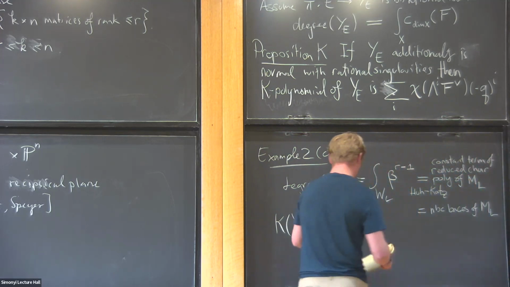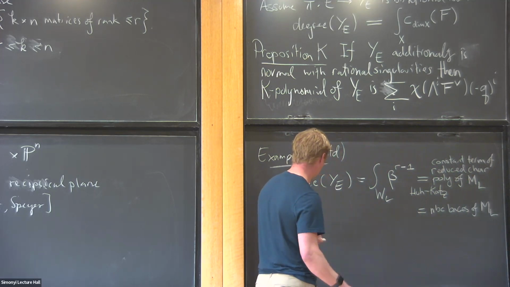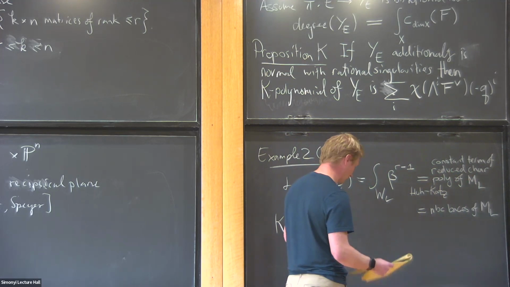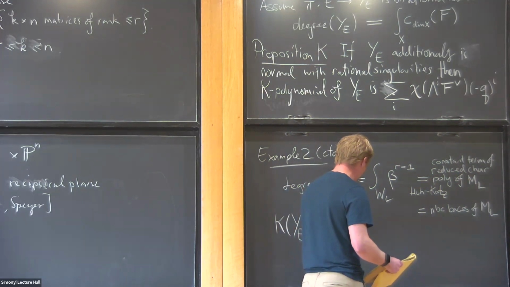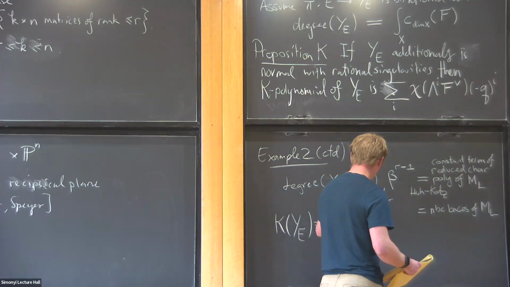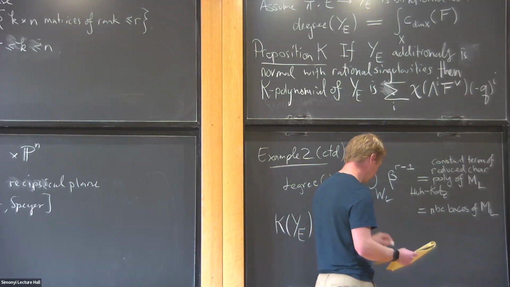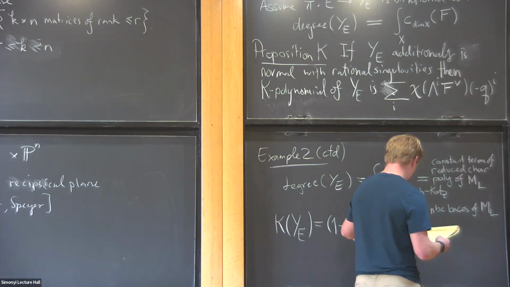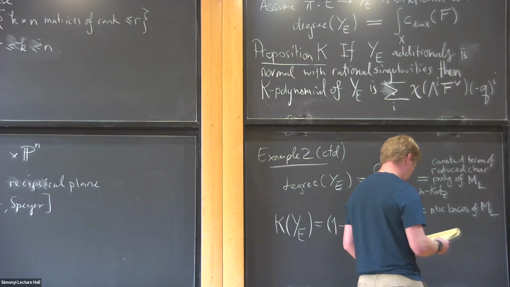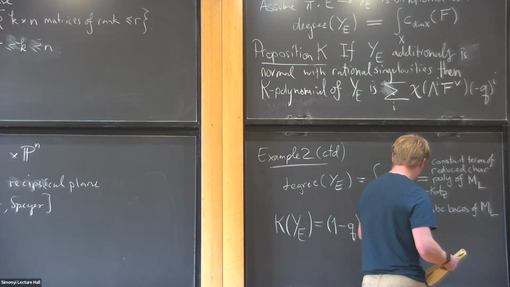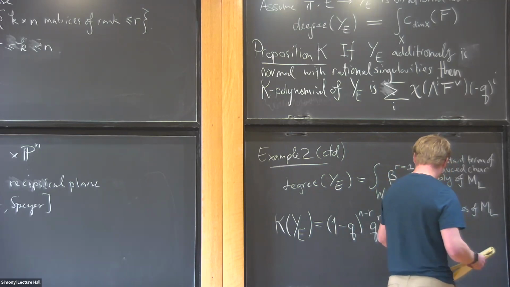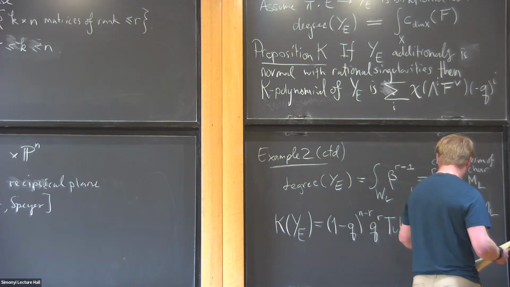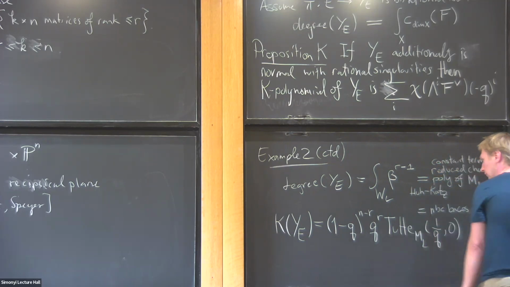It turns out that there's a theorem that allows you to express this K polynomial in terms of the Tutte polynomial of the matroid: 1 minus q to the n minus r, where r is the rank of the associated matroid, q to the r, and then you get the Tutte polynomial of the matroid of L evaluated at 1 over q, 0.